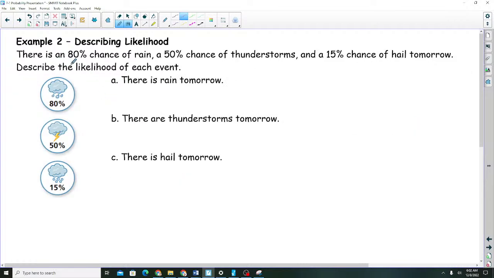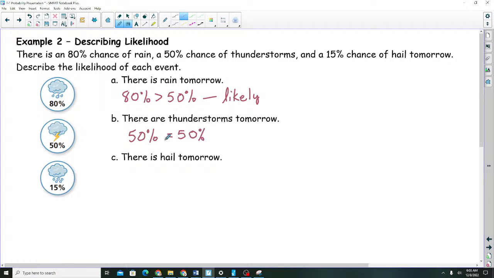Let's look at this. There's an 80% chance of rain, a 50% chance of thunderstorms, and a 15% chance of hail tomorrow. Describe the likelihood of each event. Well, the likelihood that there's rain, because 80% is greater than 50%, we would say that this is likely. There are thunderstorms tomorrow. Well, 50% chance of thunderstorms is the same as 50%.